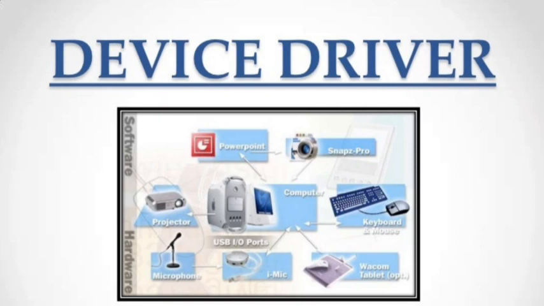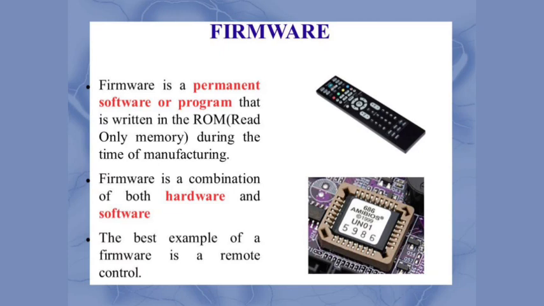Moving forward, we have what we call the device drivers. The device drivers are responsible for the hardware that is being connected into the computer. Take for example, you put in your keyboard as a hardware device. The software responsible for the keyboard to be recognized is called a device driver.